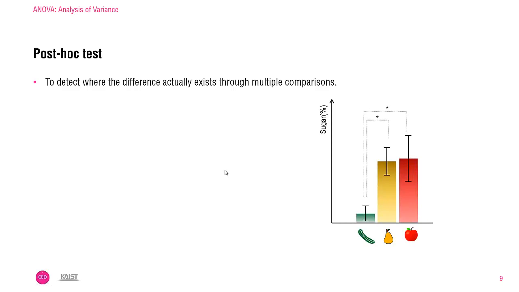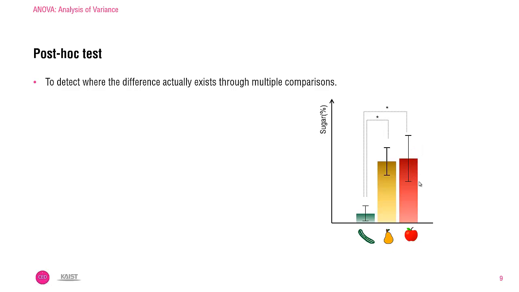Suppose you have measured the sugar percentages of cucumbers, pears, and apples. Of course, these two are much sweeter than cucumber. And their average sugar percentages are shown. And let's say the error bars are indicating the standard deviation.